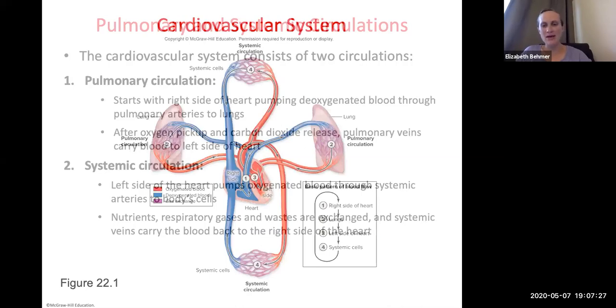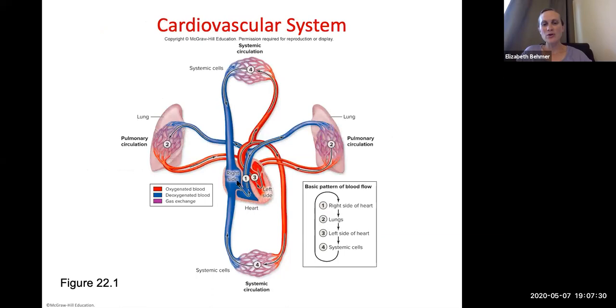If we just go in order of blood flow, we start with number 1 in the right side of the heart. And again, when we look at the heart, and we'll go into the exact anatomy of it, the right side of the heart is always in anatomical position. So how the heart would be in your patient. So the right side of the heart is on the right side of the patient's body.